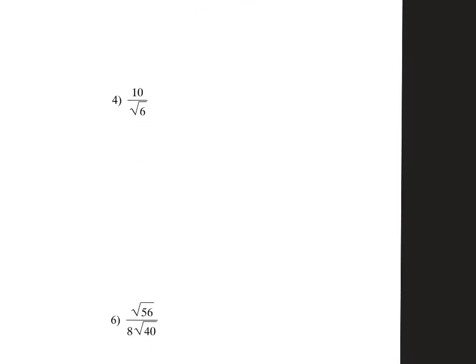Okay, let's do 4. So there's nothing here that I can simplify, so I'm just going to go ahead and start by rationalizing. I'm going to multiply by rad 6. So on the bottom, this pair comes out from under the radical. And up top, the stuff that's on the outside stays on the outside. The stuff that's underneath stays underneath.